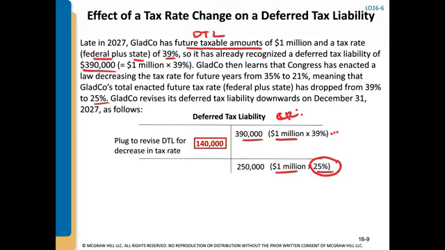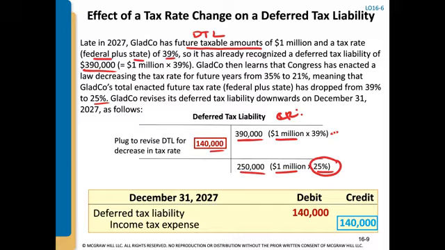So in order to reduce the deferred tax liability from $390,000 to $250,000, we need to debit deferred tax liability for $140,000, and the other part of that journal entry goes to income tax expense for $140,000.